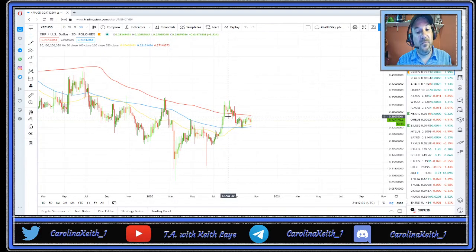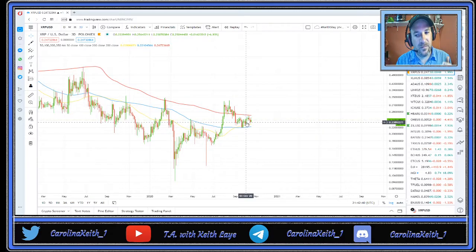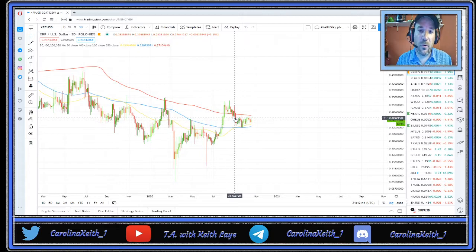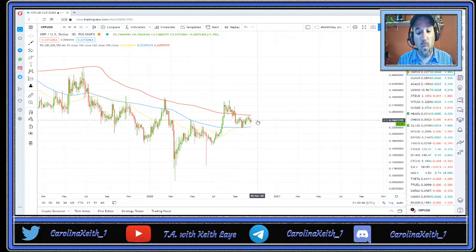Now, we see these flat moving averages. Well, what do they mean? A good sign is to wait on them to get in order. And by order, I mean the 200 on top, the 100 in the middle, and the 50 on the bottom. Red, blue, yellow in that order, okay?